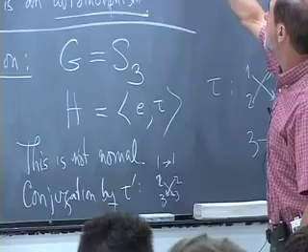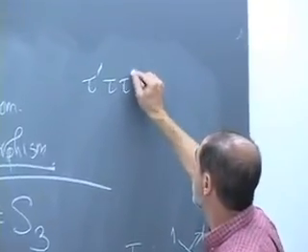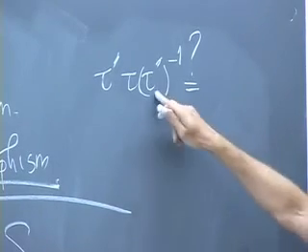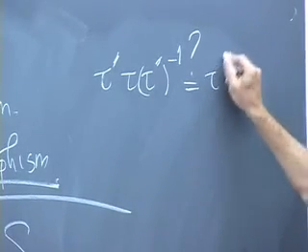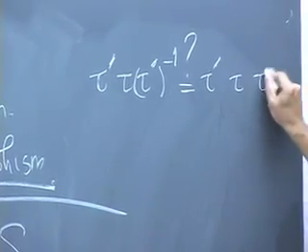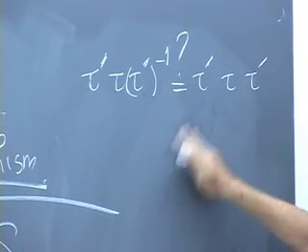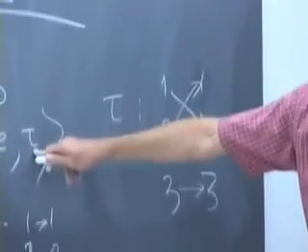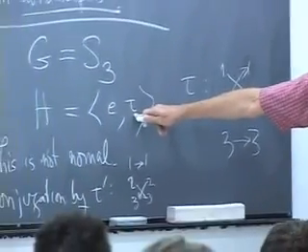But what is tau prime tau tau prime inverse? Well, tau prime inverse is the same as tau prime. So we're calculating tau prime tau tau prime. Well, let's see. If it's tau, we'll be able to tell by just evaluating it on 3, because tau is the unique element in the group other than the identity that fixes 3.